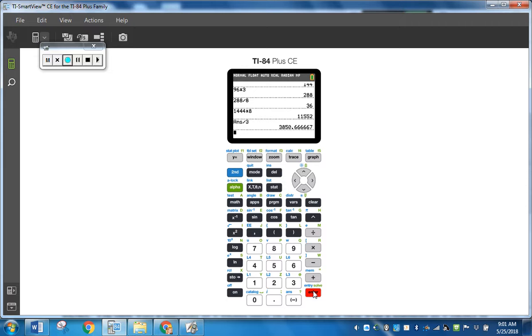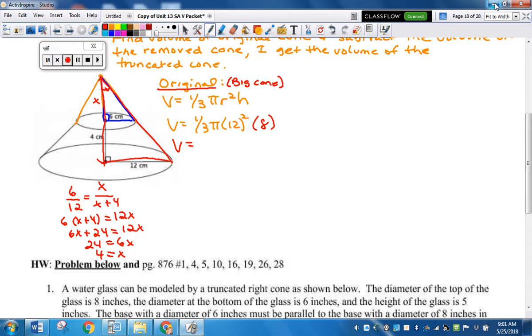Nope, where am I missing? Oh, too many 4s. 144 times 8, enter, divide by 3, enter. I'm getting 384 pi. So volume is 384 pi centimeters cubed.